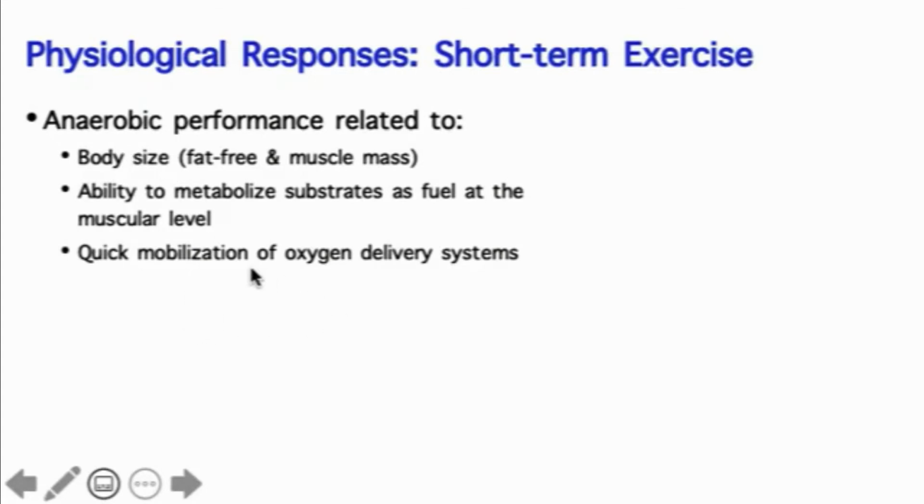Oxygen is just whatever the local store of oxygen is within a given area, because blood, we know, has oxygen. Any cellular processes are reliant on oxygen, so oxygen is available, but it's more of a case that local oxygen stores are being used in anaerobic performance. But this quick mobilization of oxygen delivery to the right tissues when we're performing these short burst activities is really important to overall anaerobic performance.